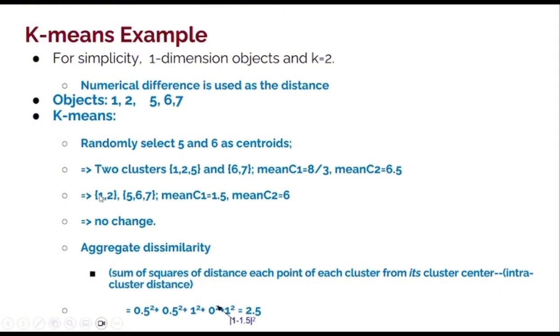So we can do 1 minus 1.5, squared, is this. 2 minus 1.5, squared, is this. 5 minus 6, that's 1, squared. 6 minus 6, 0 squared. 7 minus 6, squared. That will give you 2.5. The 2.5 here is the sum of squared distances within a particular cluster.